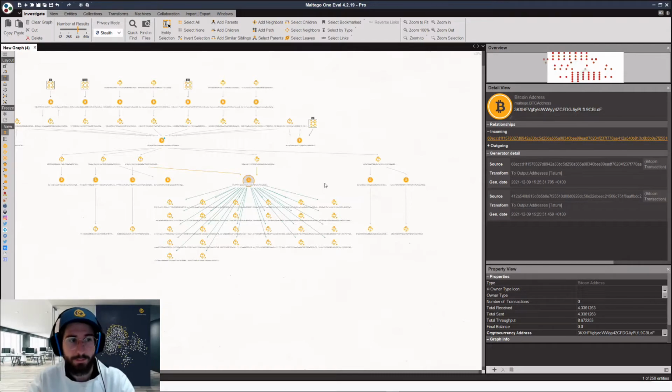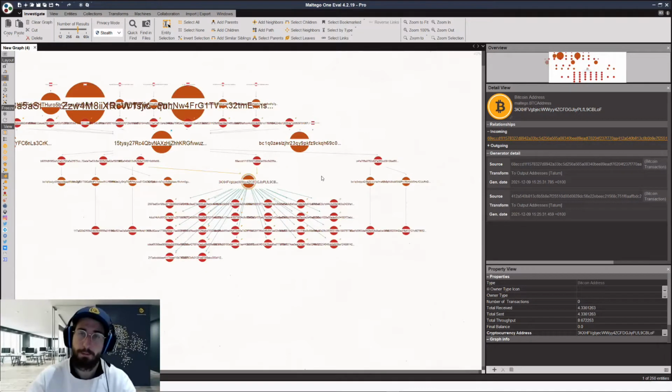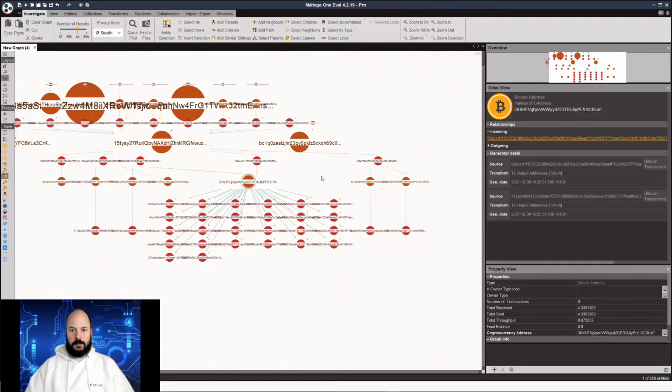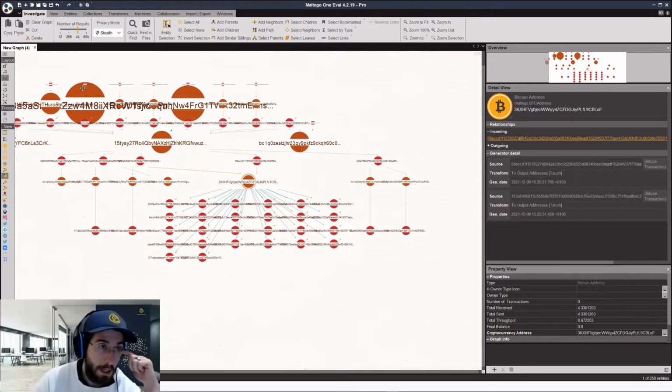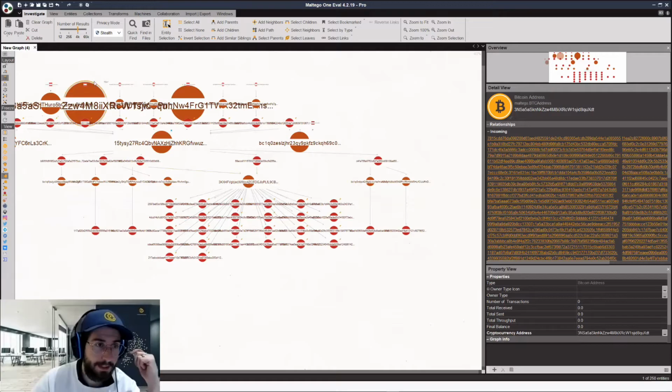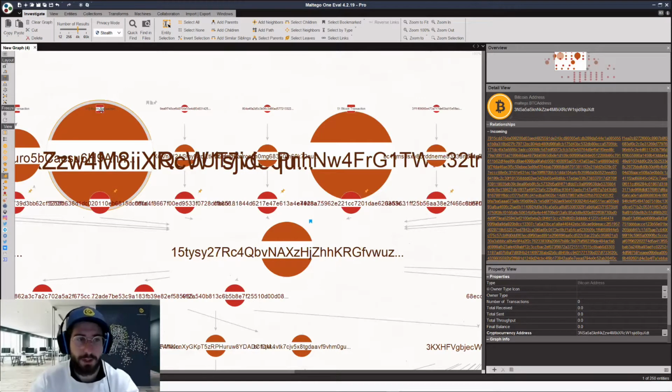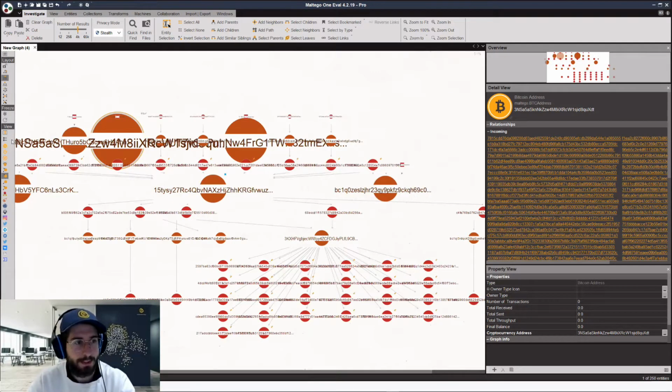You have some default views that are already present, like this view, which is going to make the entities larger based on the number of incoming links. As we can see, this one has a lot of incoming links because it has 113 transactions incoming to that address. So this address is really huge on my graph because it has a lot of incoming links.